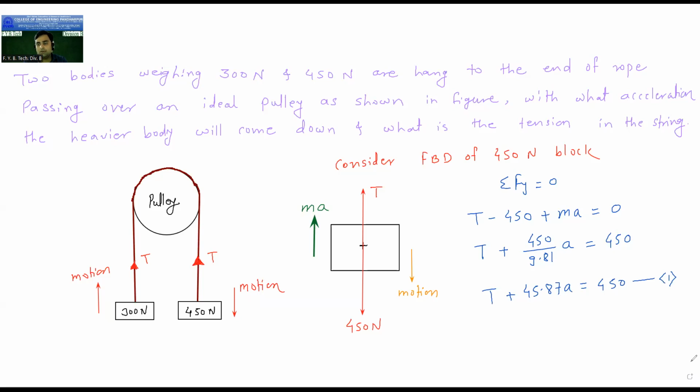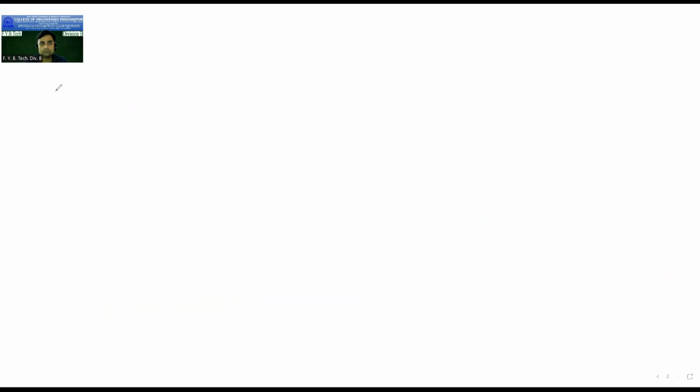Now consider the free body diagram of the 300 Newton block, or weight, whatever you want to say. This is the 300 Newton block. Here somewhere the centroid is there.